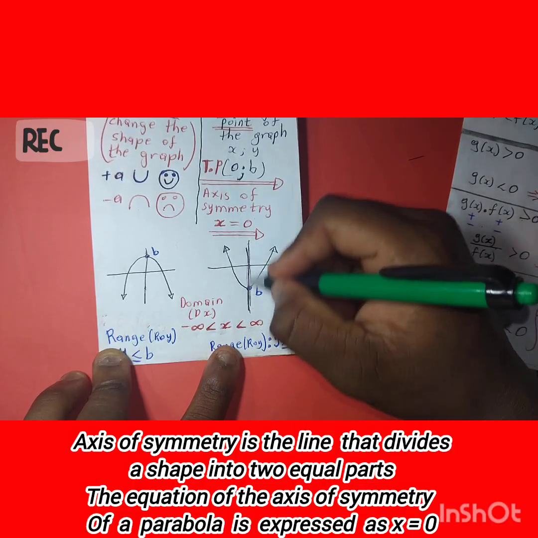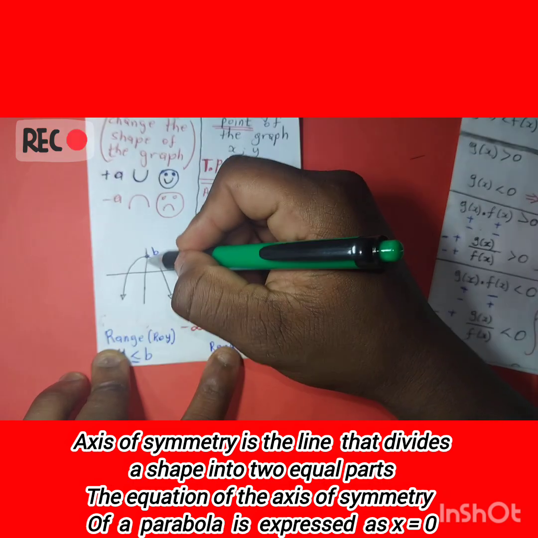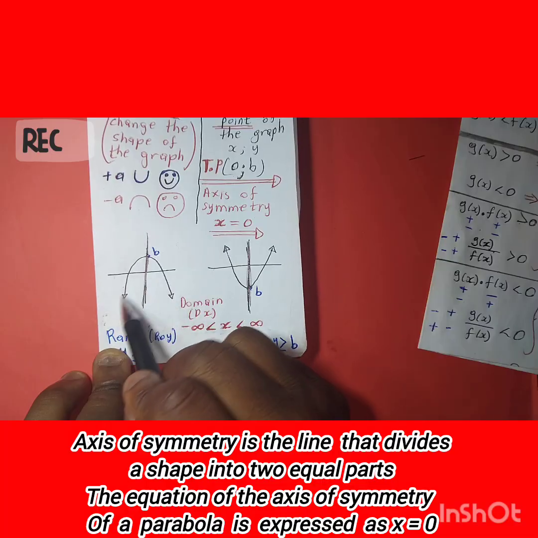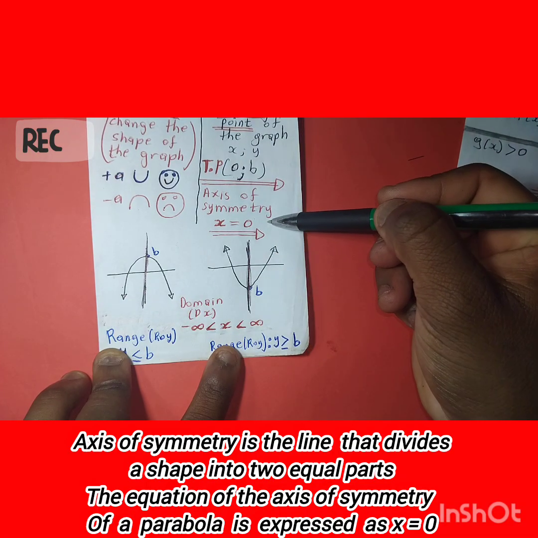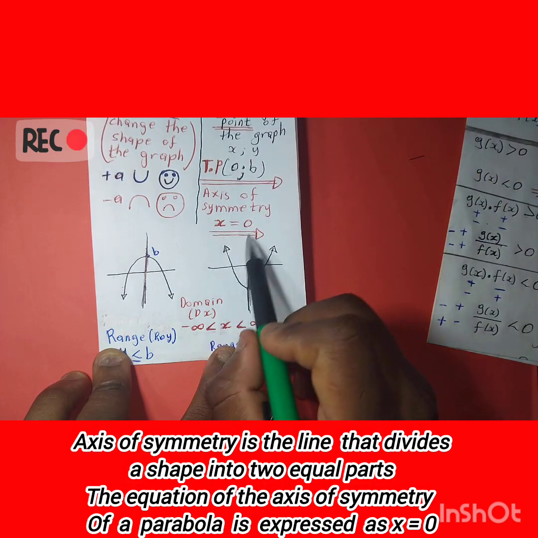It will divide the parabola into two equal parts. Even here, it will still be that one there. And this is the equation of the axis of symmetry. All the time, the axis of symmetry, guys, will be represented by this equation.